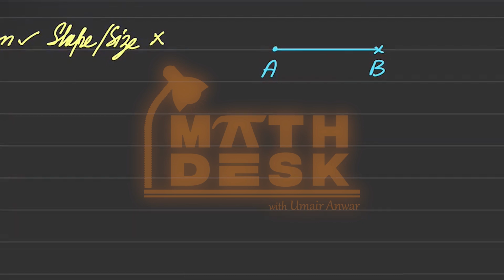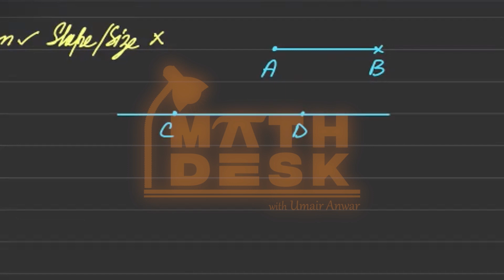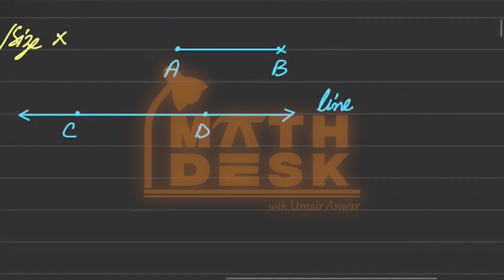And similarly, if we have 2 points, C and D, and if we extend the line beyond these 2 points, then this would be called a line. When the line is extended at both the sides, it is called a line. When it is terminated at both of its ends, then it is called a line segment.